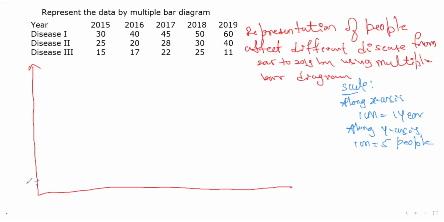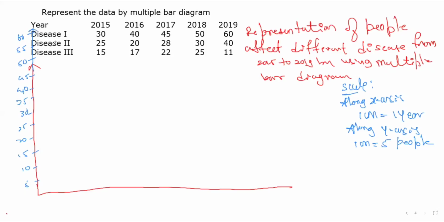It means 5, 10, 15, 20, 25, 30, 35, 40, 45, and like that it goes up to 50, 55, and 60.